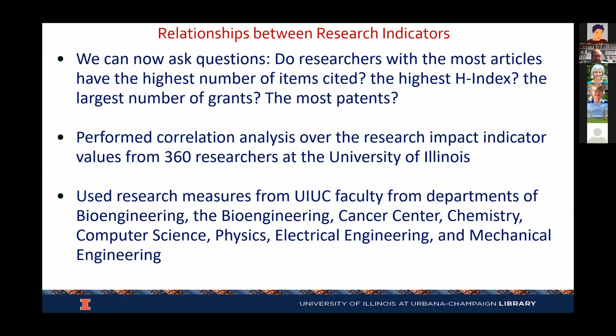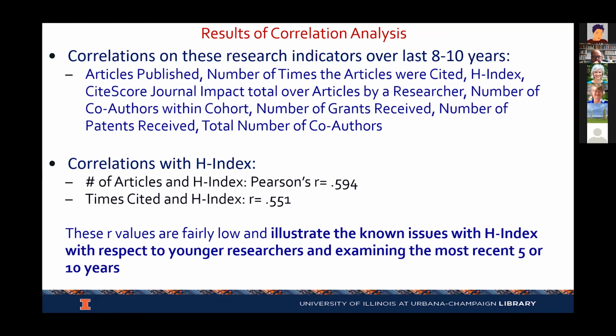We can evaluate whether researchers with the most articles lead to the highest cited items, highest H indexes, most patents, and/or most grants. We performed a correlation analysis over 360 of our Illinois researchers from the past 8 to 10 years and found correlations between the number of articles with an H factor, a Pearson's R of 0.59, and times cited of 0.551.